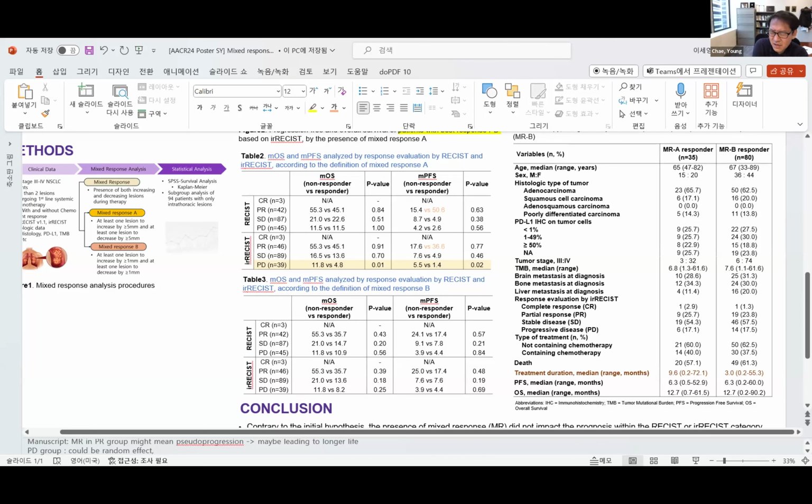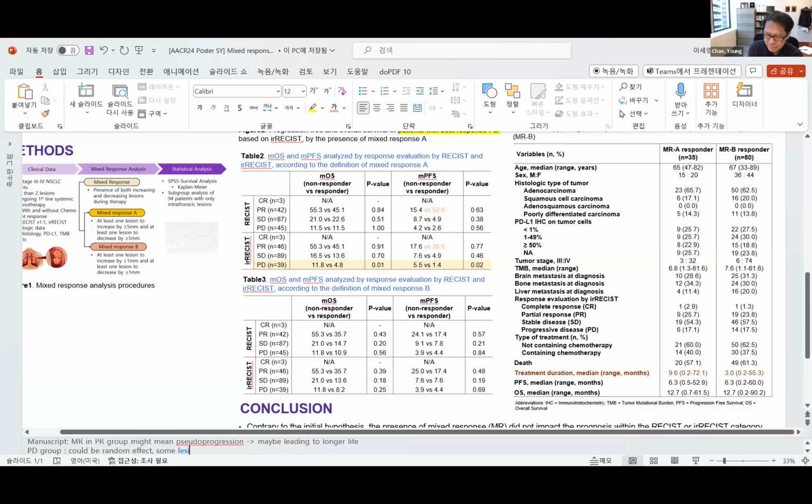But most of the other lesions got larger. That's why they eventually belong to PD group, even if there's some response. So all lesions getting larger versus some lesion getting smaller. And how do you explain this?